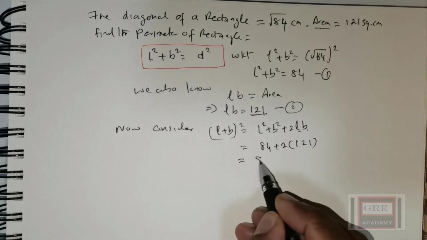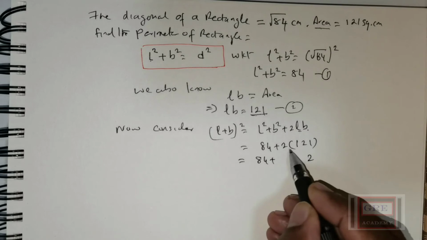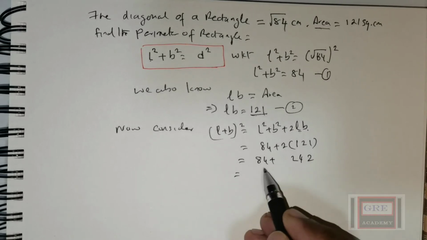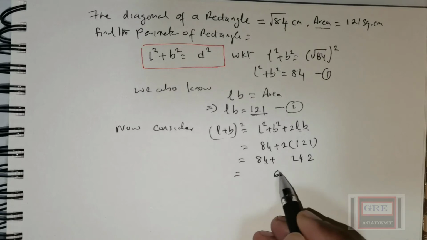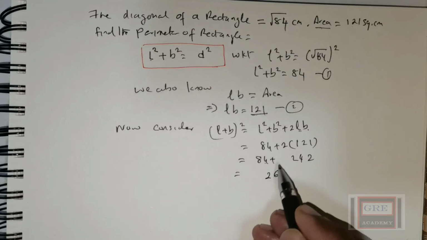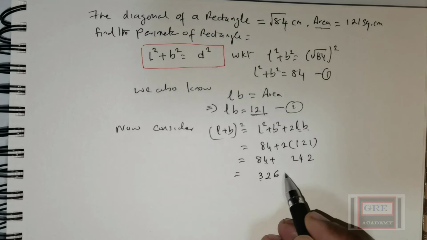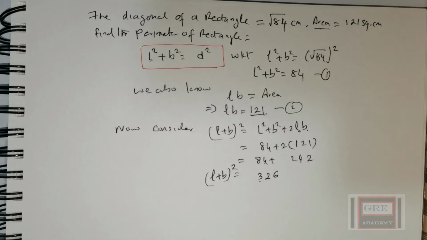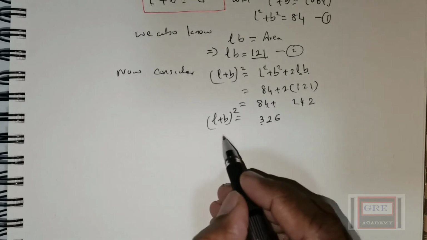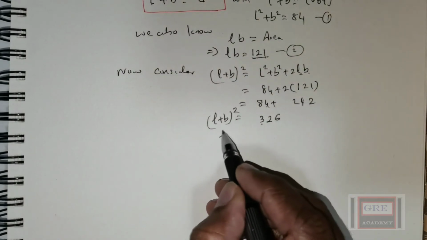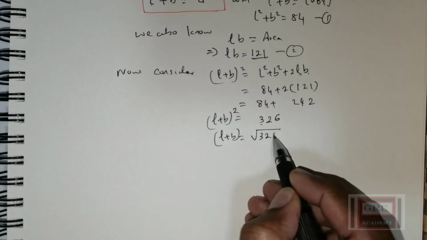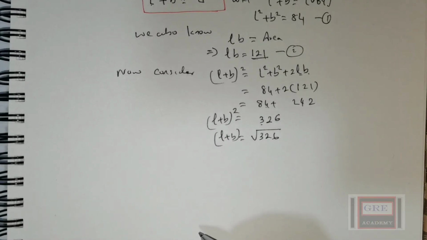So this is going to be equal to 84 plus 2 times 121, which is 84 plus 242, which gives 326. So 326 is the value that you are getting for L plus B, the whole square. Now you want L plus B, so L plus B will be equal to root of 326. So this is what you've got.